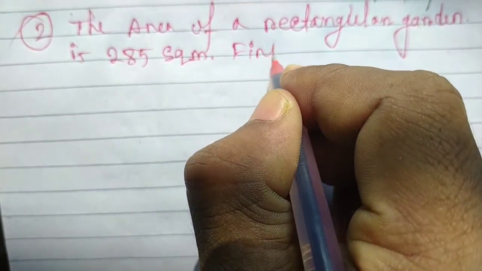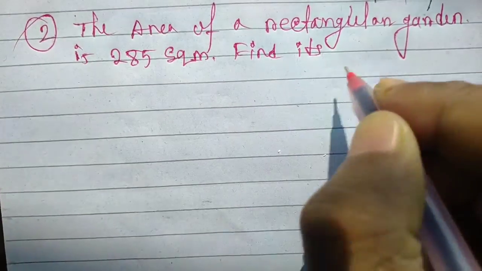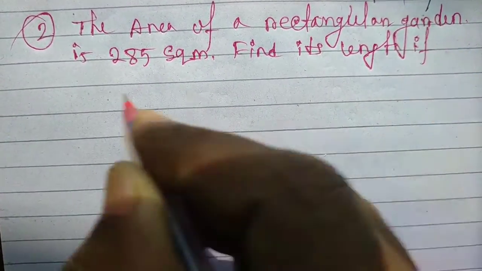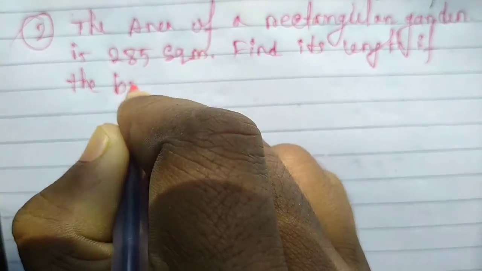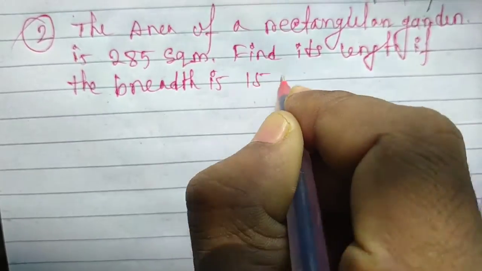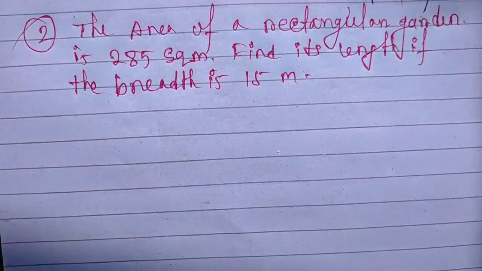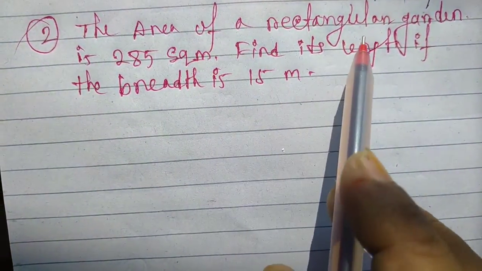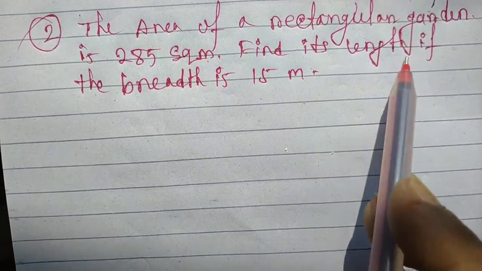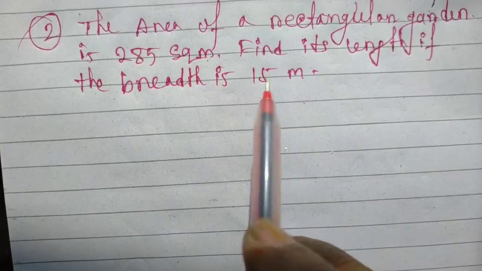Find its length if the breadth is 15 meter. So the area of a rectangular garden is 285 square meter. Find its length if breadth is 15 meter.